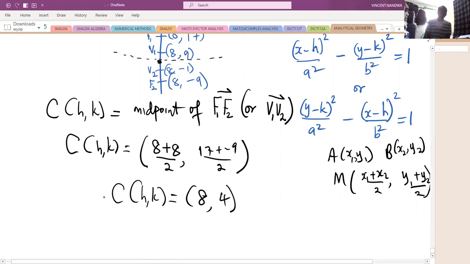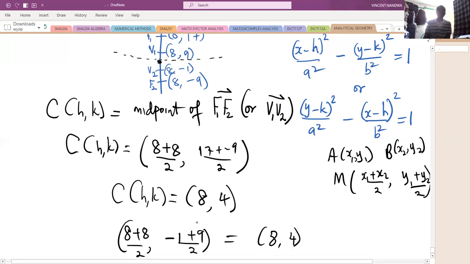Or you could find the same thing using V1 and V2: 8 plus 8 divided by 2, and -1 plus 9 over 2. You still get 8 and 4. So these are the coordinates of the center, so we know h and we know k.